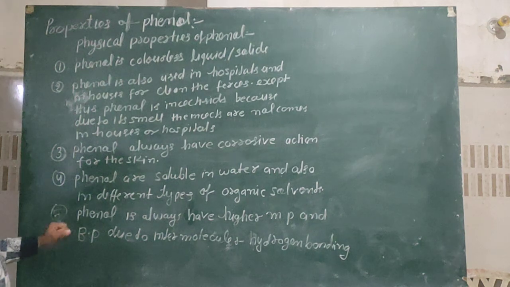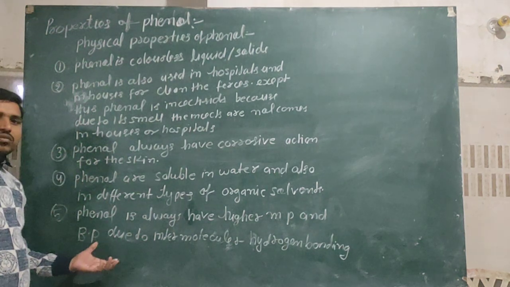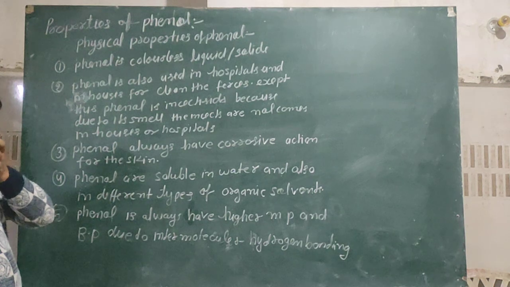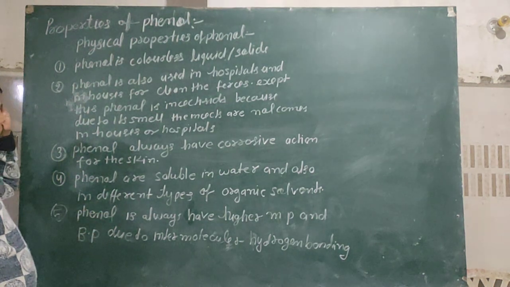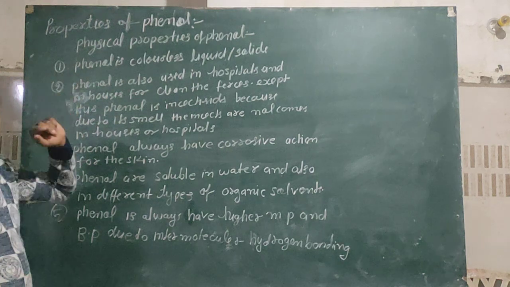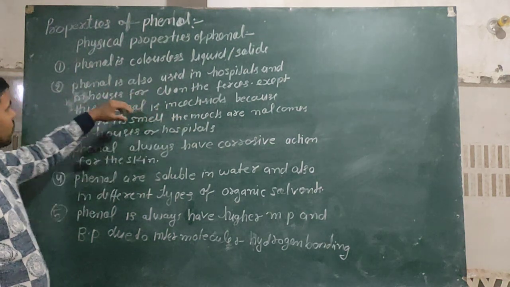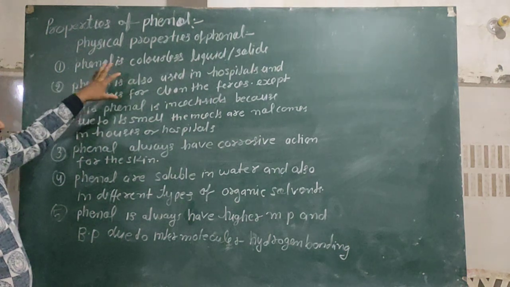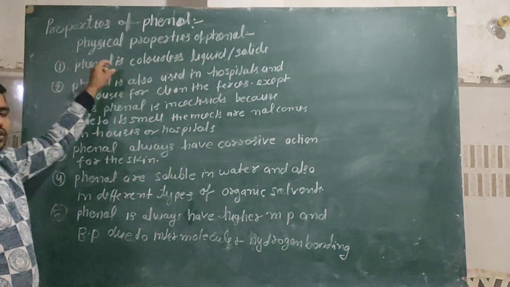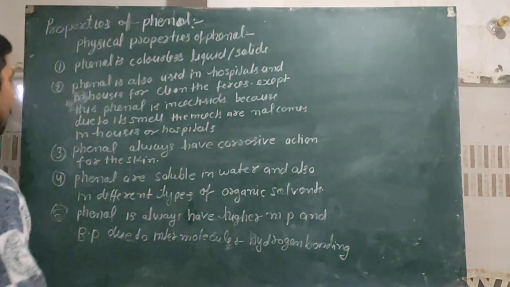If we know the different types of action of phenol, then it is very necessary for us to further know about the chemical properties. But before explaining the chemical properties, I will also explain different types of questions which arise from this point.